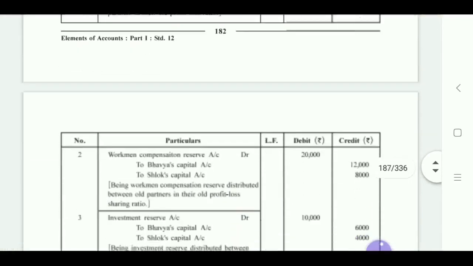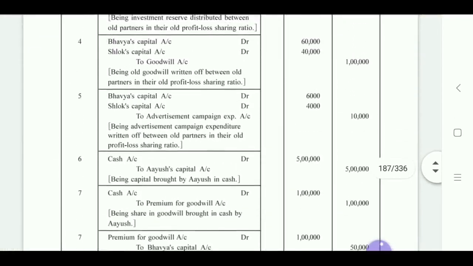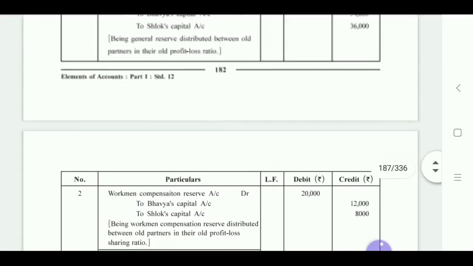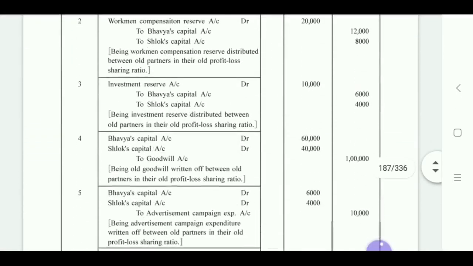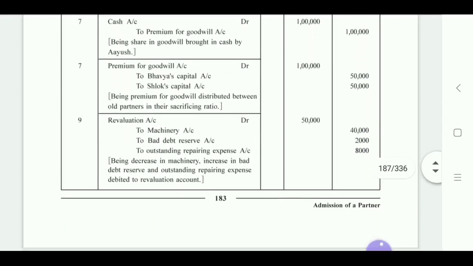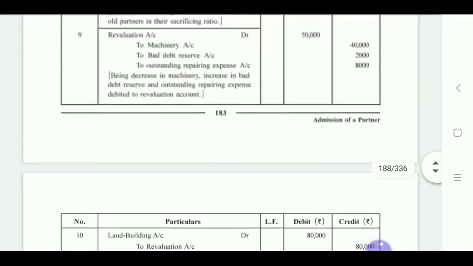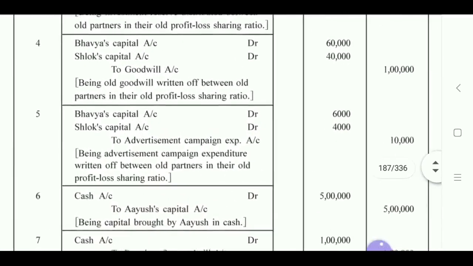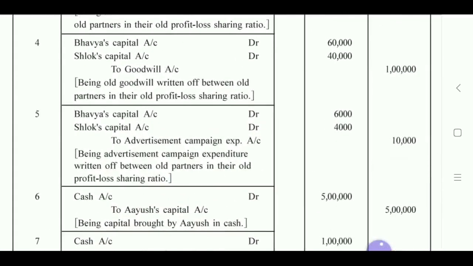In partners capital account debit side, before that we have a journal entry for this advertisement campaign expenditure.